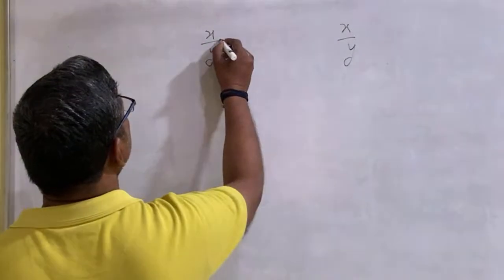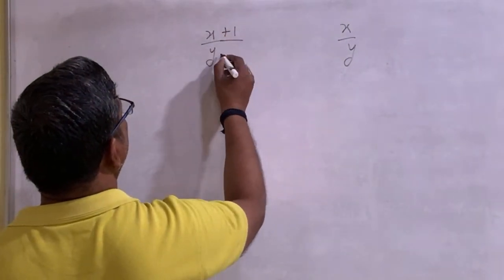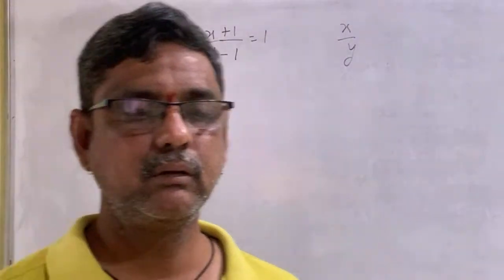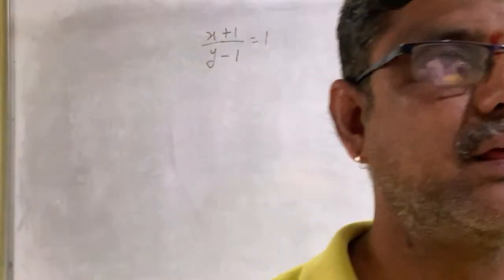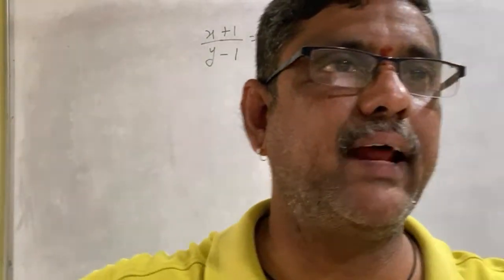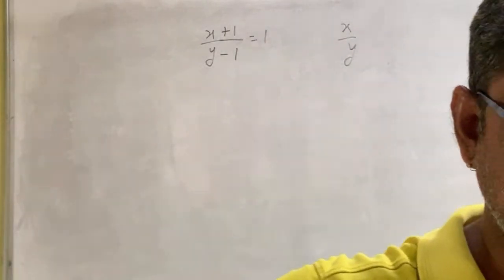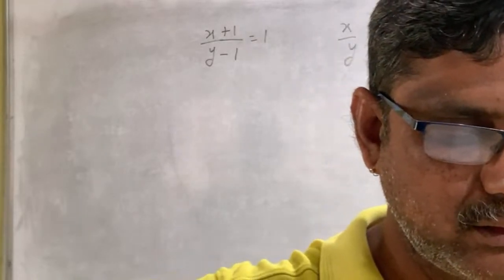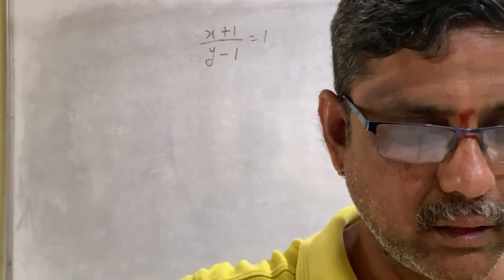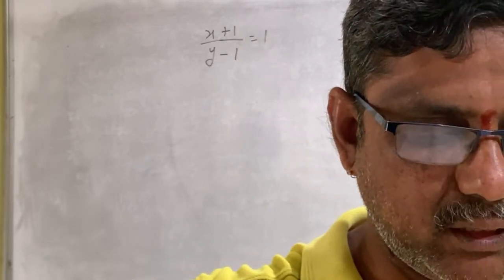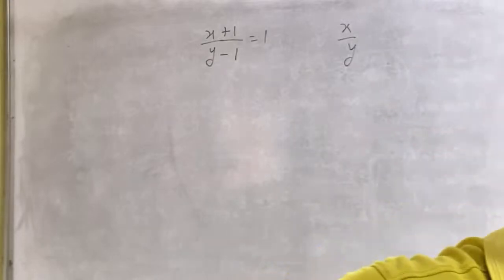That means x + 1 over y - 1 becomes 1. So equation 1 is done.